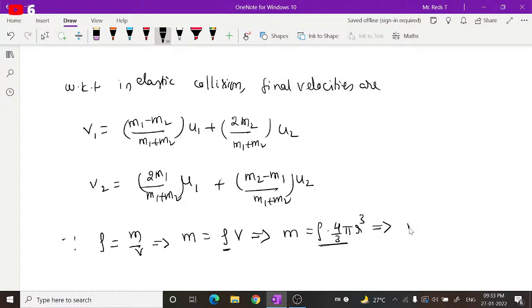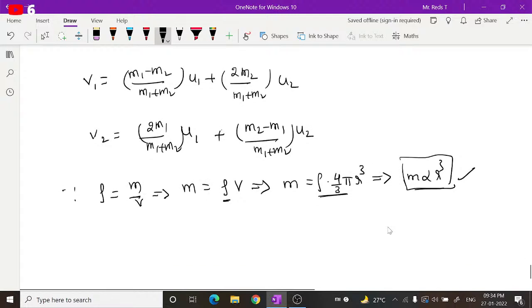Hence mass is proportional to radius cubed. Is this clear, guys? Now from here onwards we have to replace m with r cubed, so m1 means r1 cubed, m2 means r2 cubed.